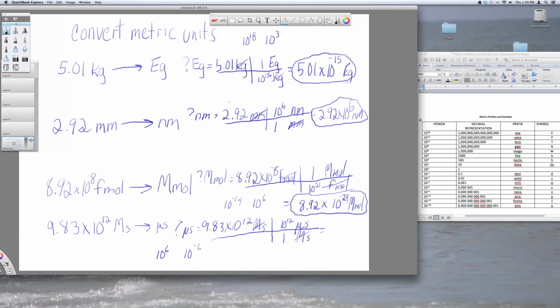And again, when I say EXP, you could also use EE, depending on what type of calculator you have. And when I do that, I get 9.83 times 10 to the 24th. And what are we talking for units? Microseconds. And there's my last answer.